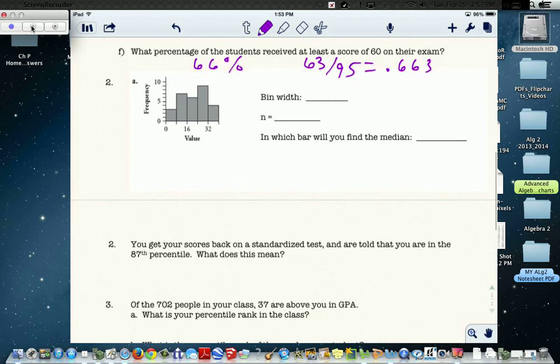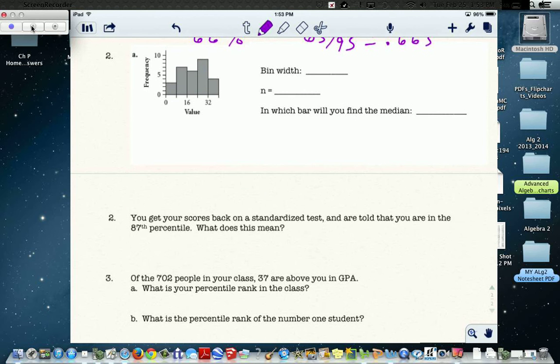In the second example, they give us a little smaller histogram. Notice that the tick marks mark each bin, but they're only labeling every other tick mark. So the first one goes from 0 to 8, 8 to 16. So sometimes it helps maybe to write those numbers in there, but you're seeing that the bin width is 8.